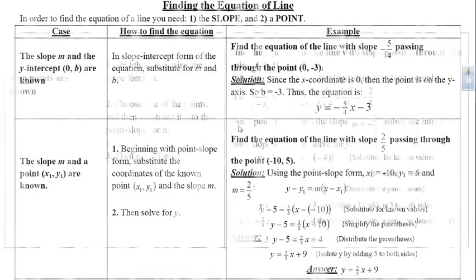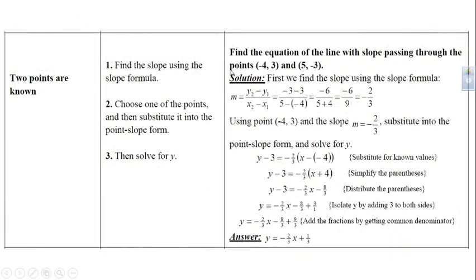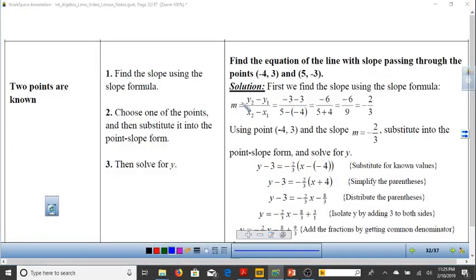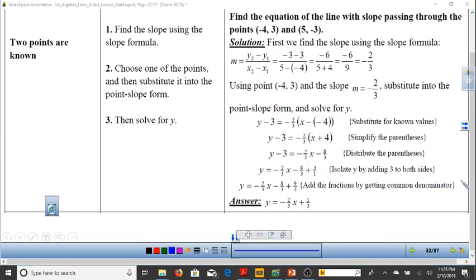If you're given 2 points, all you have to do is find the slope by using the slope formula, (y2 - y1) over (x2 - x1) equals m. Once you find the slope, just choose either point; either point will work. Substitute into the point-slope form and solve for y. Once you solve for y, you get the equation in slope-intercept form.